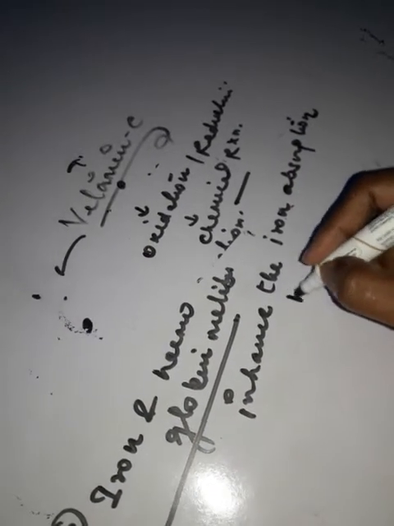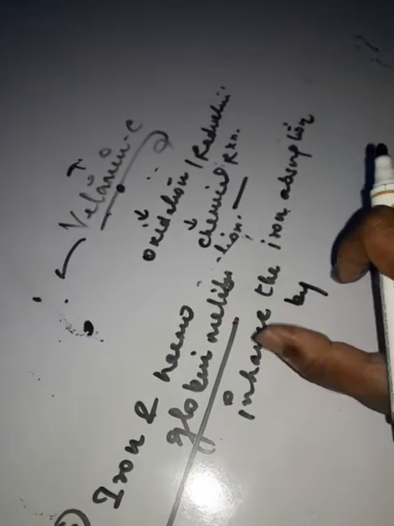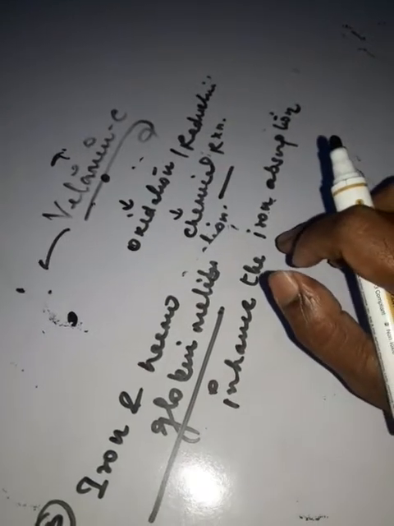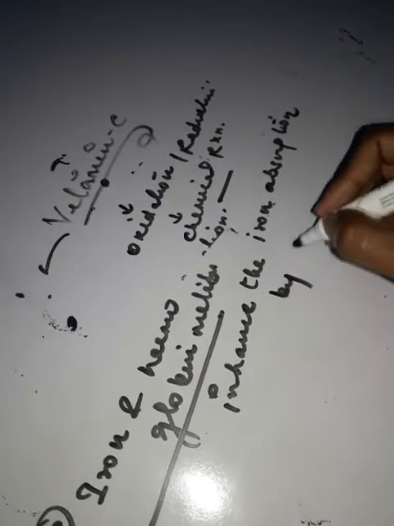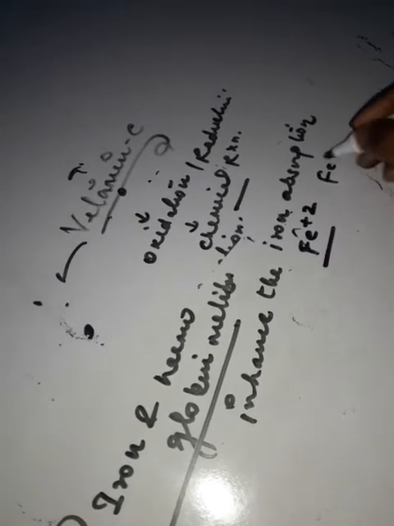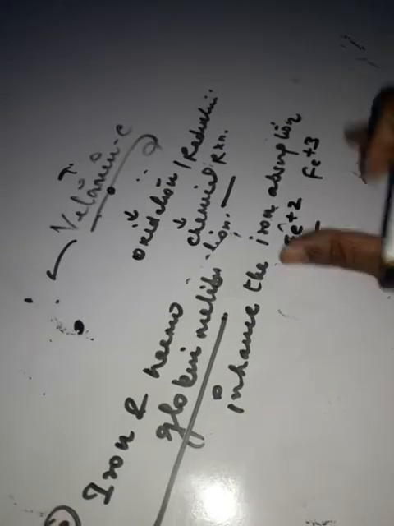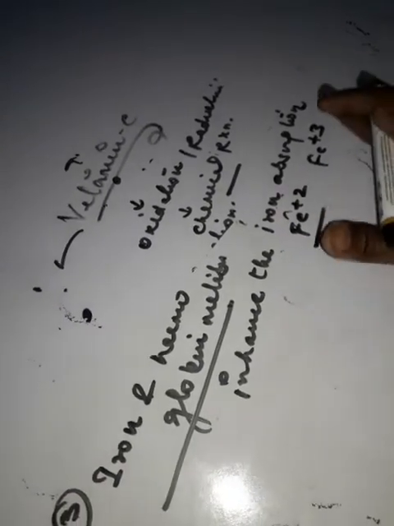Mainly iron absorption takes place in the ferrous form. Okay, this is the ferrous, this is the ferric. Here the only difference is the oxidation state. So that is the third point.